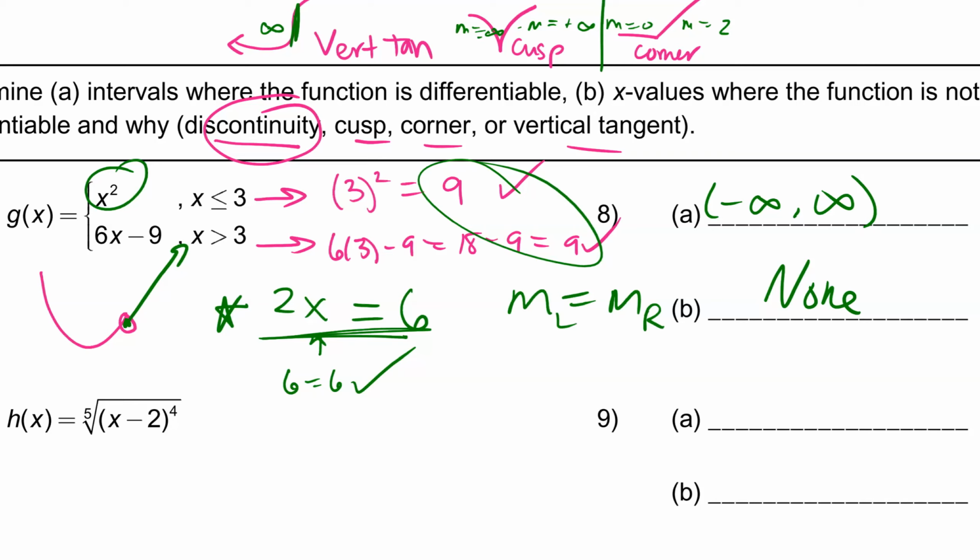Alright, let's look at h of x. So, this is to the 5th power. This is an odd root, which means even roots are like square root. Odd roots go like this. Vertical tangent. Well, wait. To the 5th. You know what I forgot about? 4th in the middle.